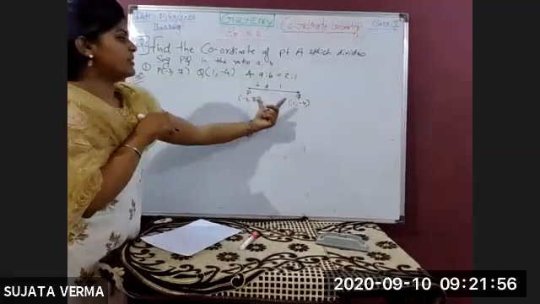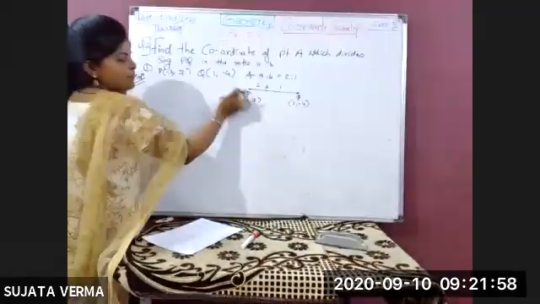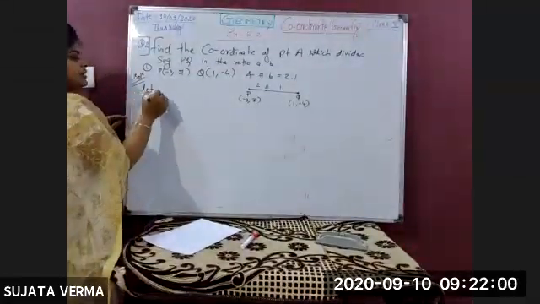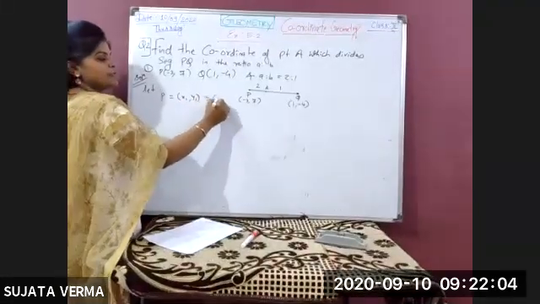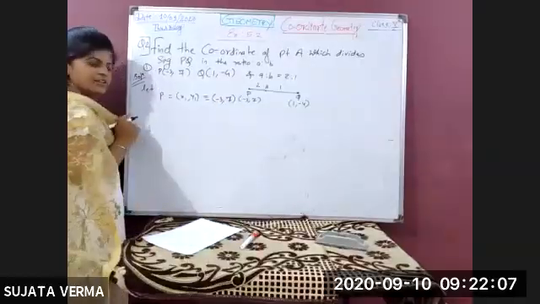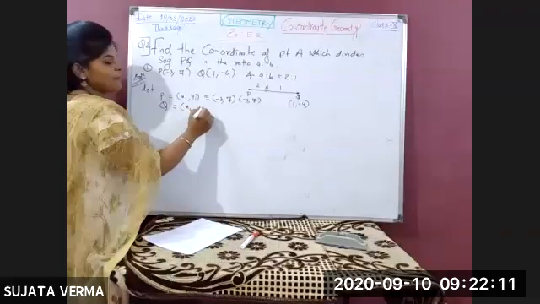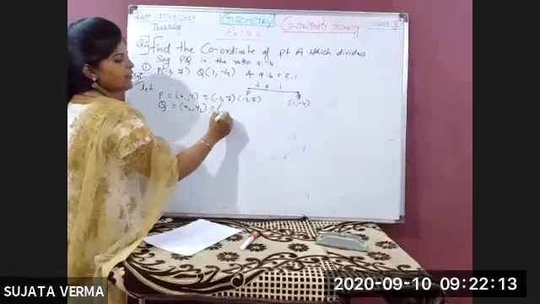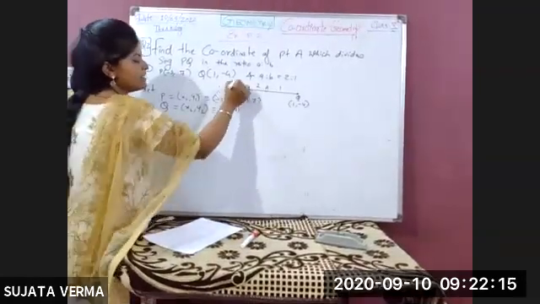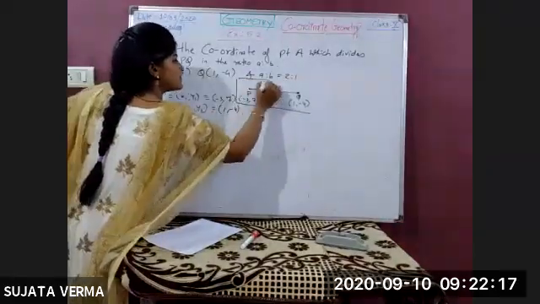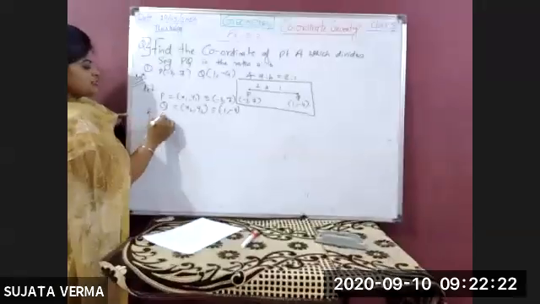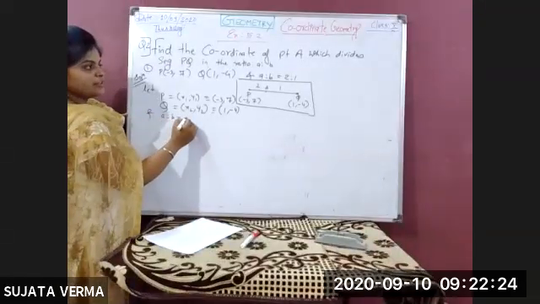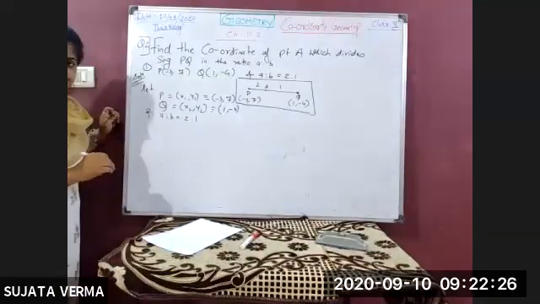Okay. Now let's do it. First we write, let P equal to x1, y1, equivalent to -3, 7. You can also write the coordinates of Q, x2, y2, equivalent to 1, -4. Now, the ratio A is to B is given as 2 is to 1.